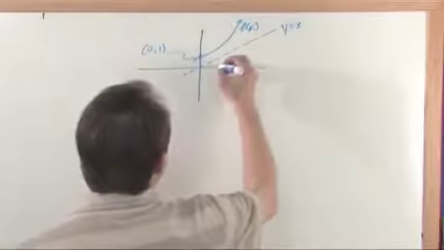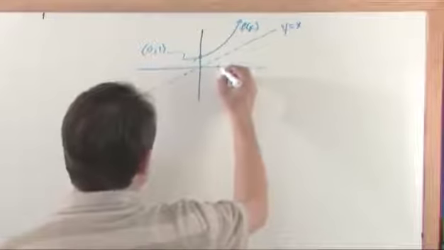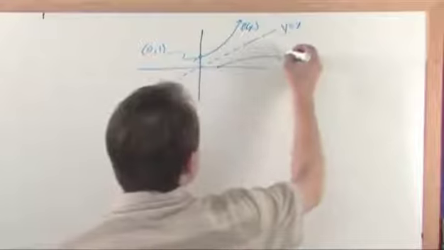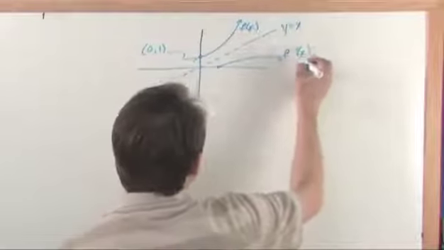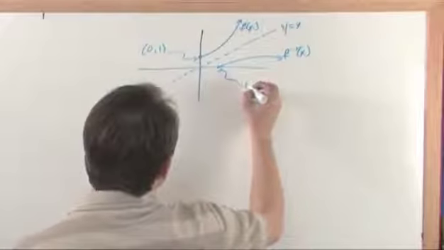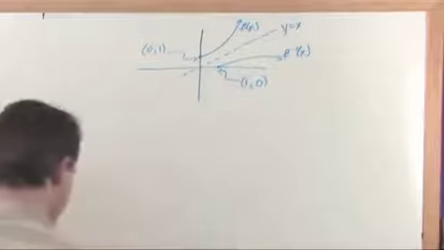So in this case, the inverse function looks like this, okay? F inverse of x, and this point is 1, 0, okay?